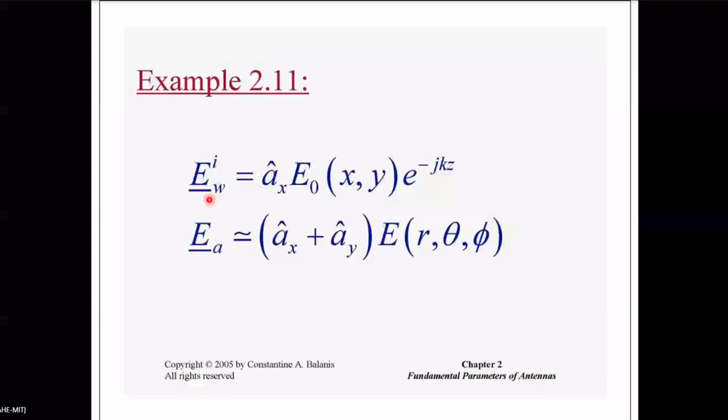You note down this: EWI is given like this, and here he has given the polarization of the electric field of the transmitting antenna, same as the polarization of the antenna. So you note down this problem, we will solve it. The incident wave is e raised to the power of, it is given like this. Now you have to find the polarization loss factor.